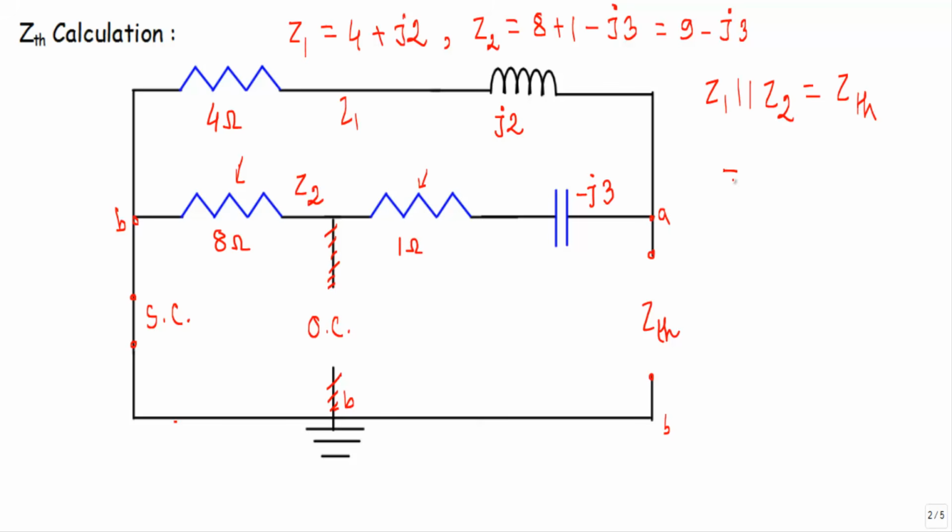So here our ZTH will be equal to Z1 into Z2 divided by Z1 plus Z2.